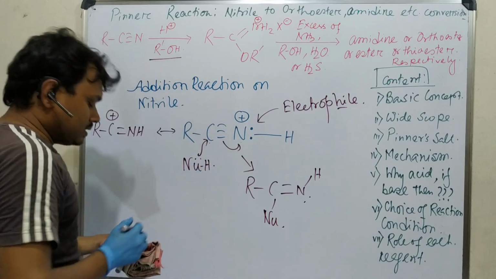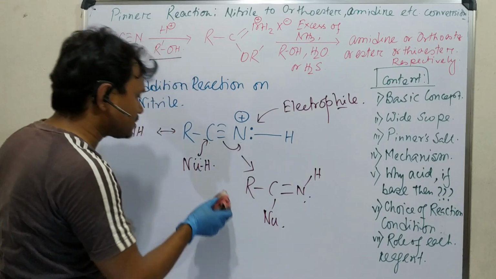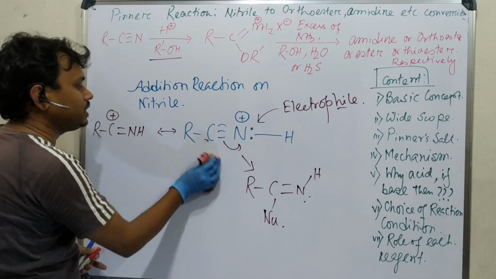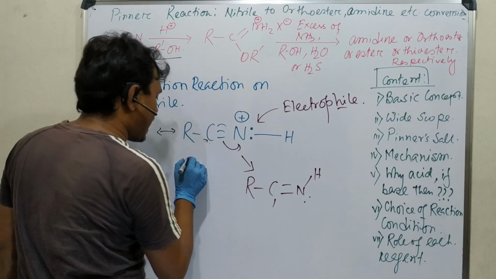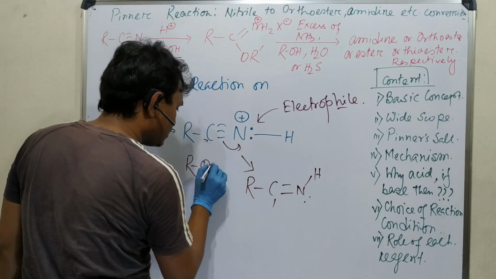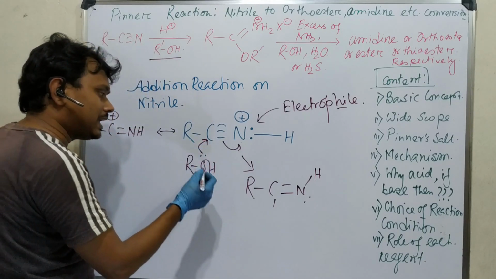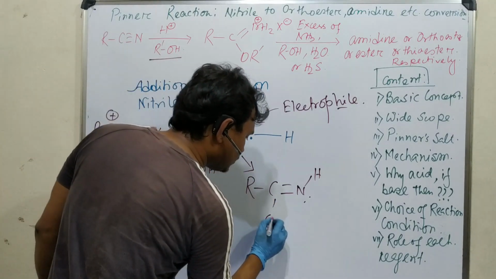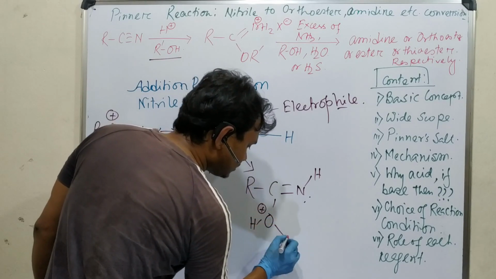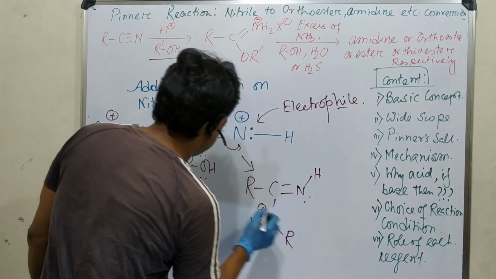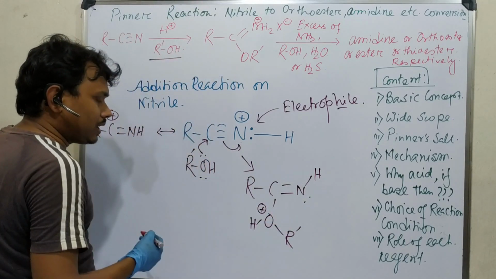So instead of this, if we take alcohol, I am first discussing the simplest part, after that we will go slowly to the difficult part. If we take alcohol, then this oxygen can act as a nucleophile. So it will attack and the triple bond will open up, and initially it will produce a formal positive charge on the oxygen. Let's take R prime. Now what will happen?